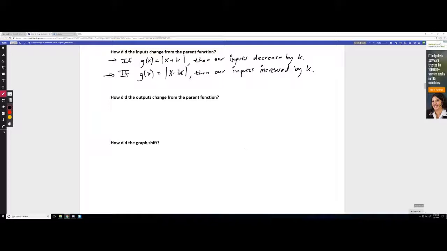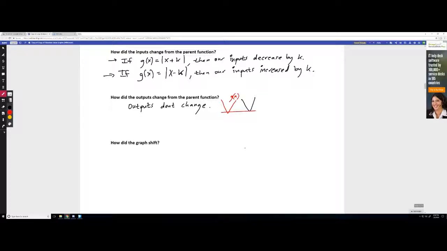So how did the outputs change? They don't. The outputs don't change. And you could see that with the vertex. Here's your parent, here's your g of x, right?